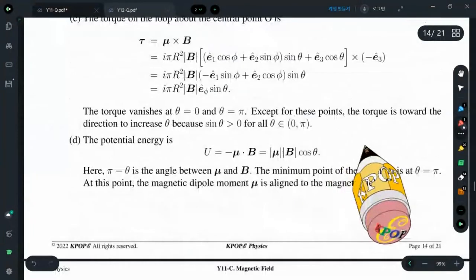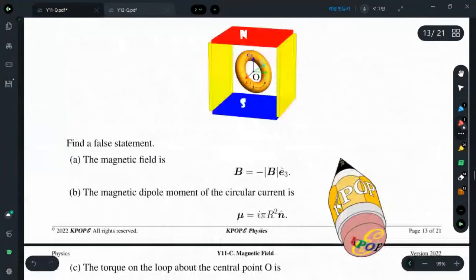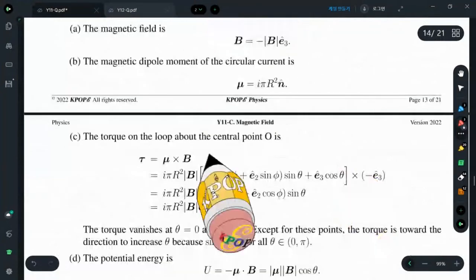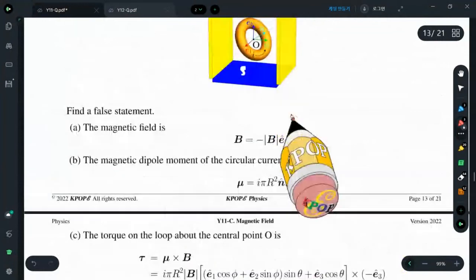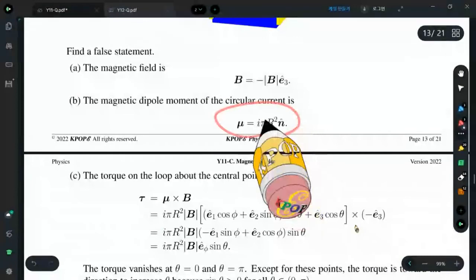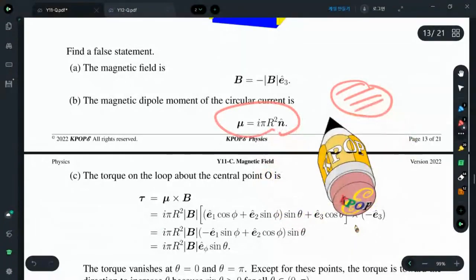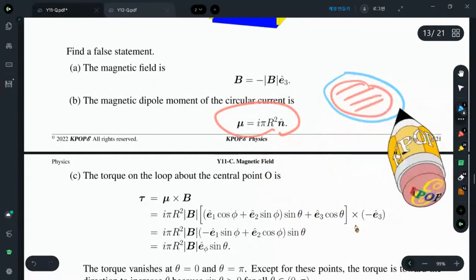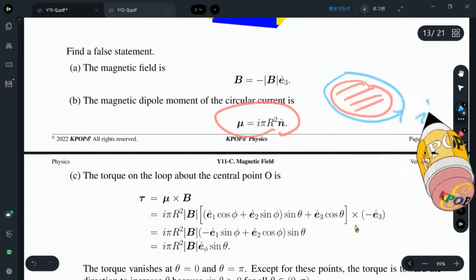Yesterday we considered the electric dipole, and this is a carbon copy. This is the magnetic dipole. The magnetic dipole moment is the area of a circuit. There is a current I flowing in this direction.